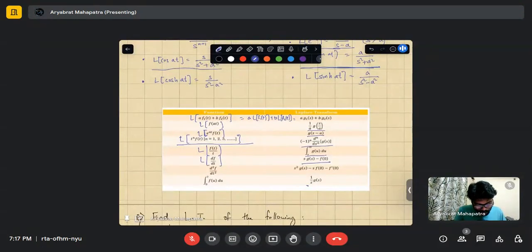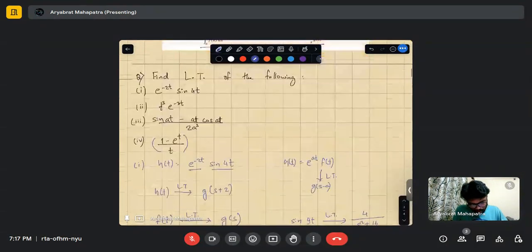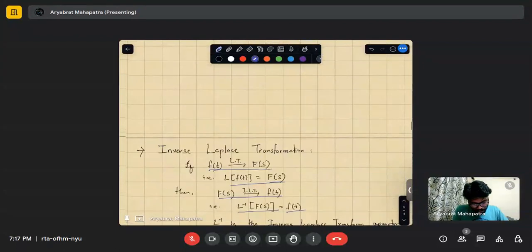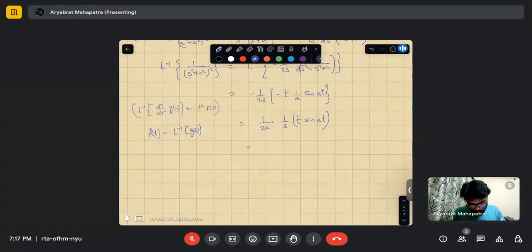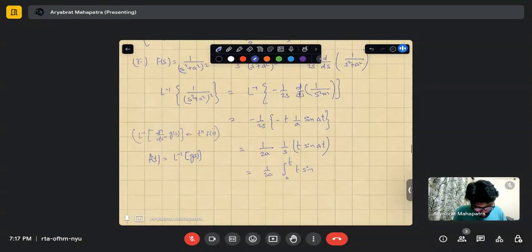So this 1 over s times g of s is the integral from 0 to t of f of u du. So using that, I can write the integral from 0 to t of t sine at, or else, to avoid confusion, let me write this as some u for now.